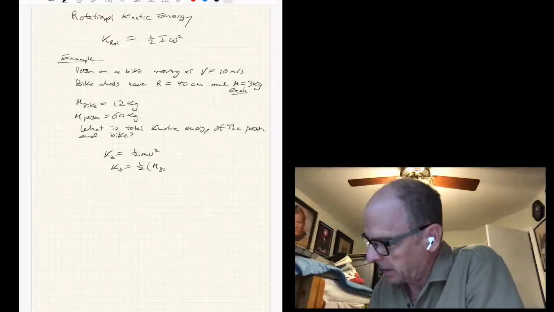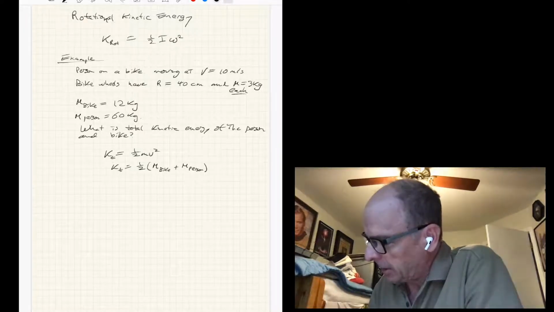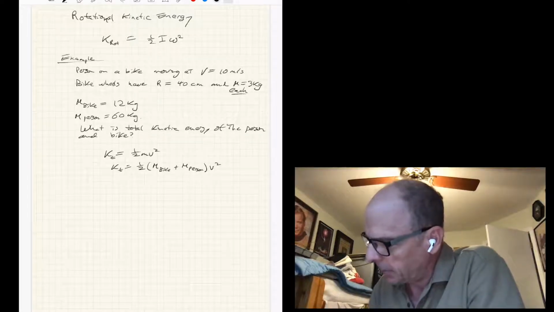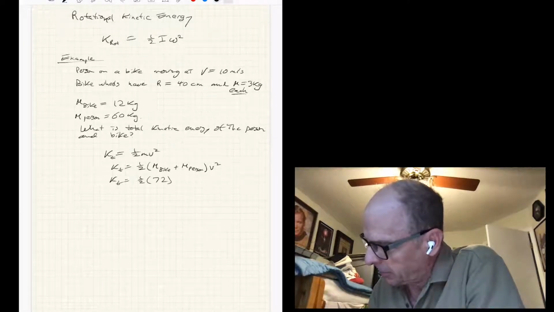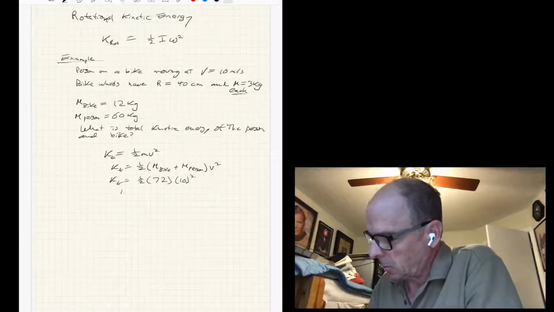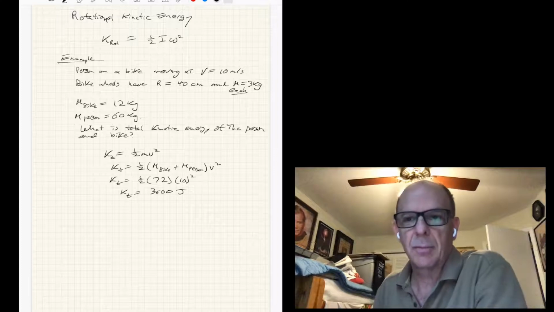They're both traveling together at a speed of 10 meters per second. So we can just put those numbers in. We get 1/2 of 72 times 10 squared, or K_t is 36 times 100, or 3,600 joules.